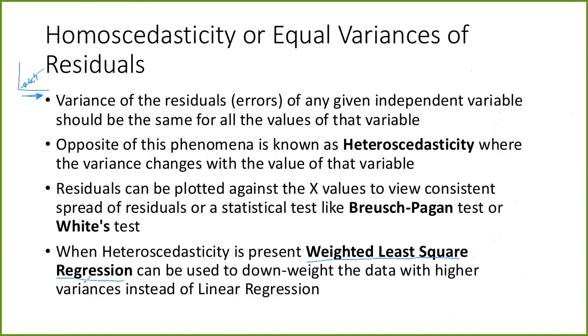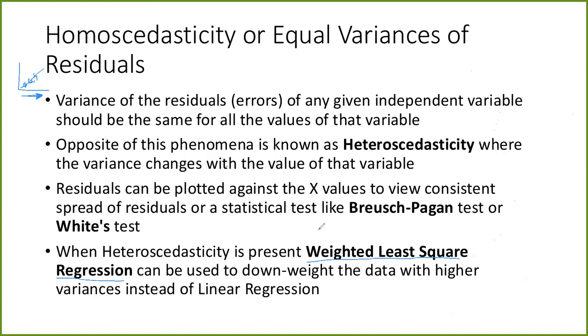That is known as weighted least square regression. So you can use these kind of techniques, but you can't use linear regression if the variance of errors is not constant for all the x values, right?